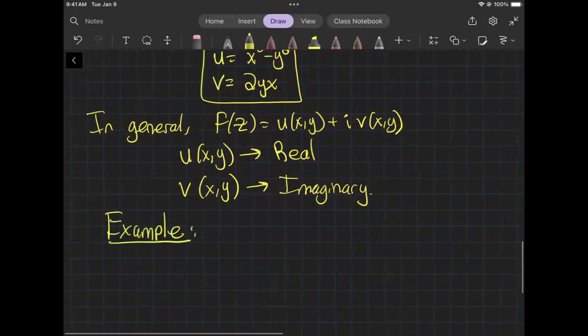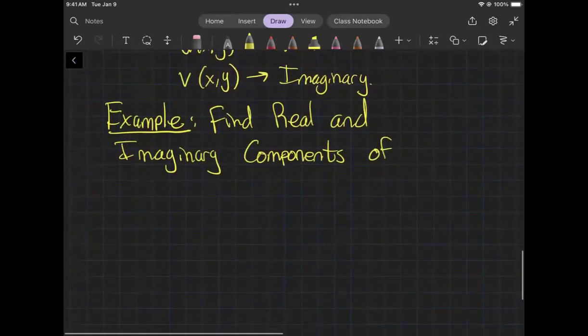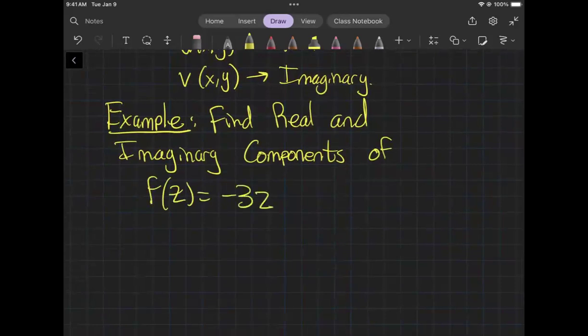Find the real and the imaginary components of f of z equals minus 3z plus 2z conjugate minus i. Okay. I'll give you a few minutes to work on this.